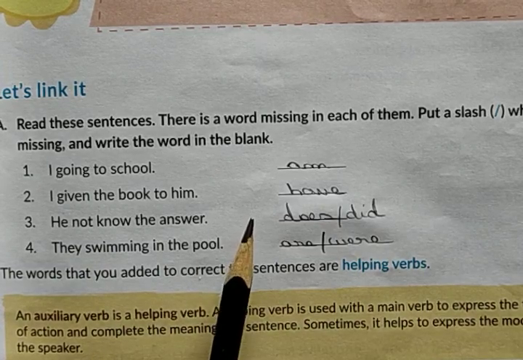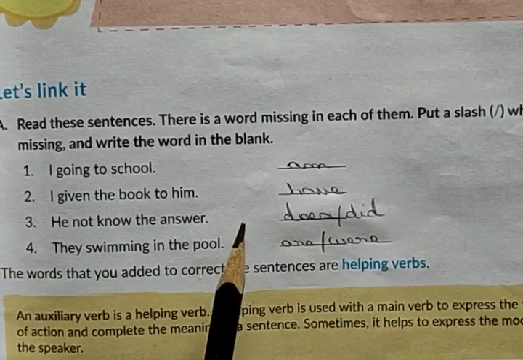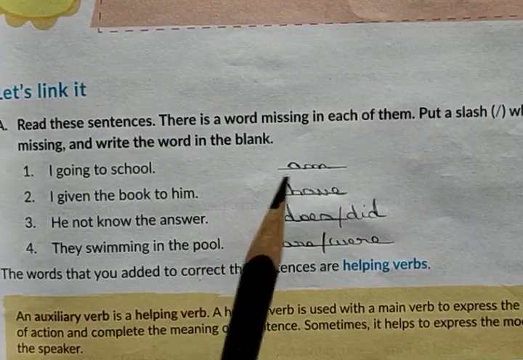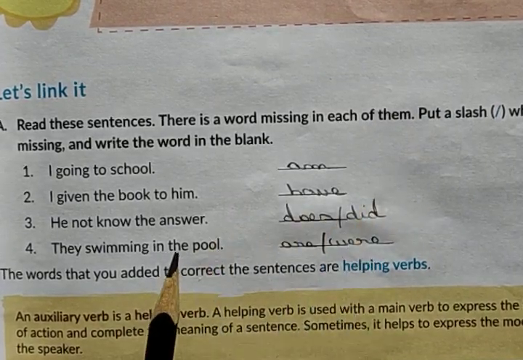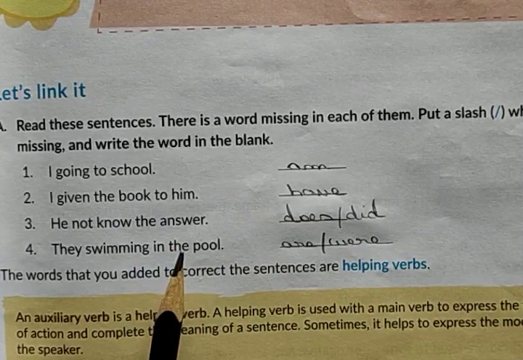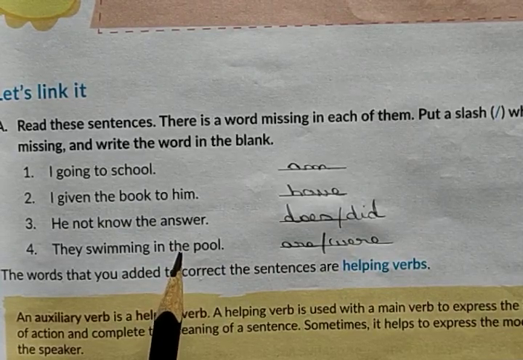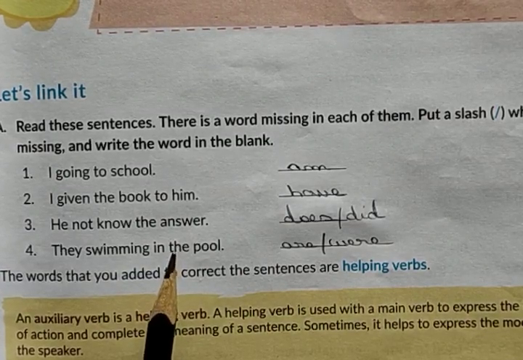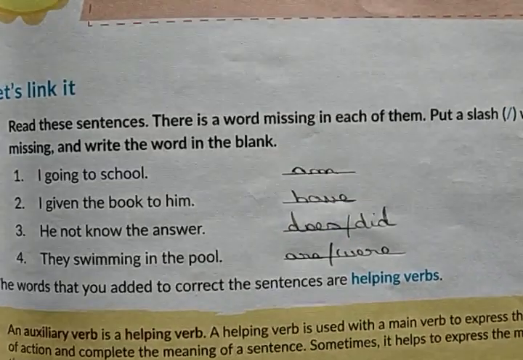As you can see in these sentences, we are using helping verbs to complete the meaning of the sentence. Without the helping verbs, the meaning of the sentence was not complete. So helping verbs are used to complete the meaning of the sentence, and they are used with the main verb to express the time of action.